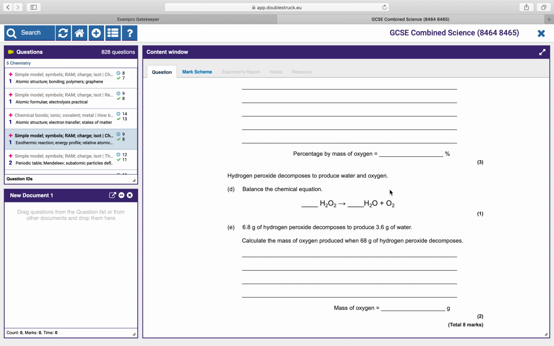So you put a 2 in front of the H2O, and that means on the right-hand side you'd have a big 2 there.